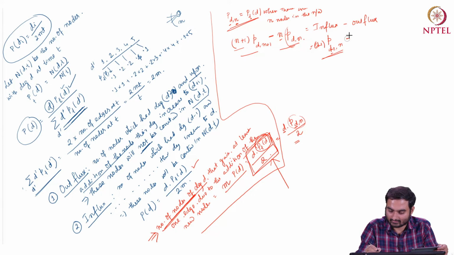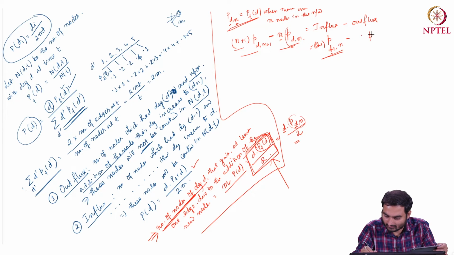And what is outflux? Outflux is p of d comma n, the number of nodes with degree d when there were n nodes in the system, those will gain one edge.